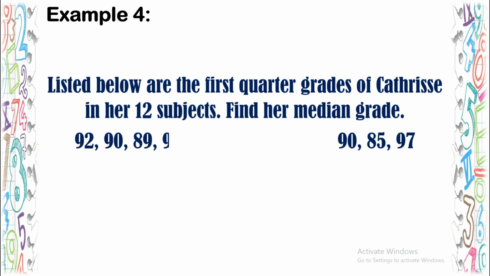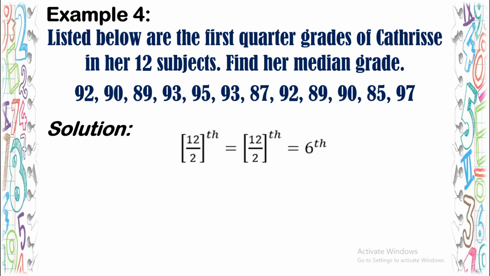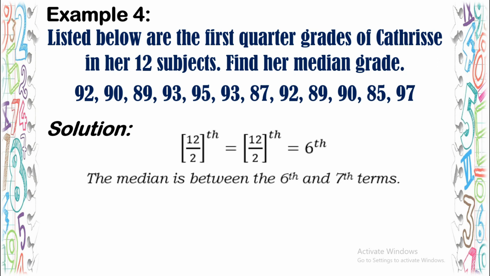Last example. Listed below are the first quarter grades of Catrice in her 12 subjects. Find the median of her grades. Okay, let's see. We have the observation on the 12 over 2. So that's the sixth observation. That means we're going to take the numbers on the sixth and seventh observation.